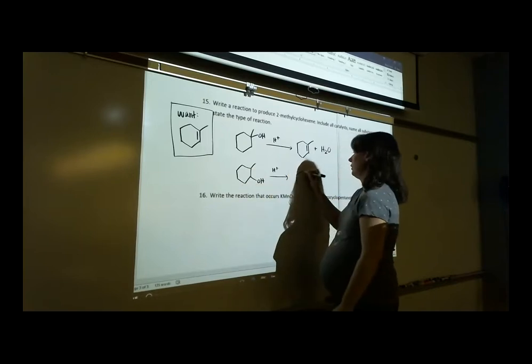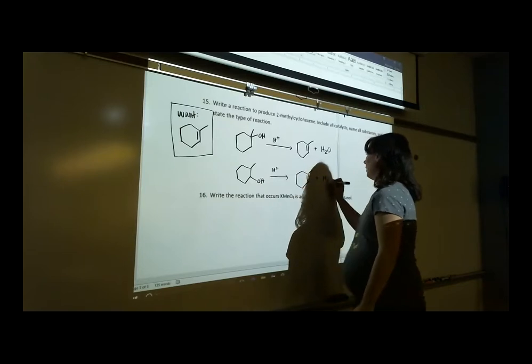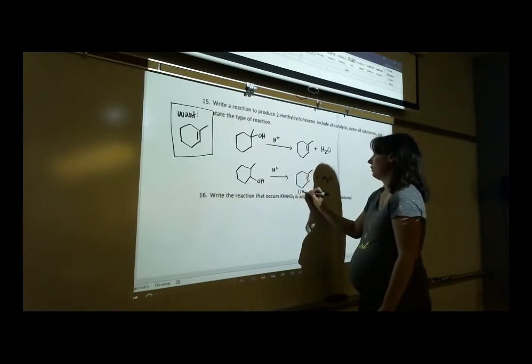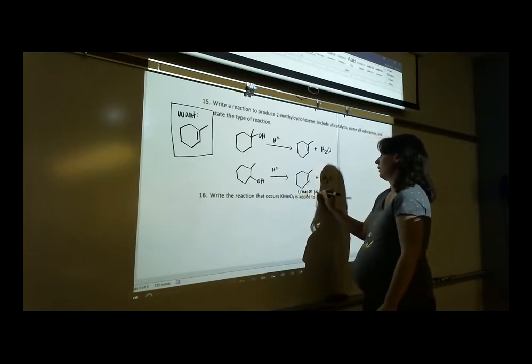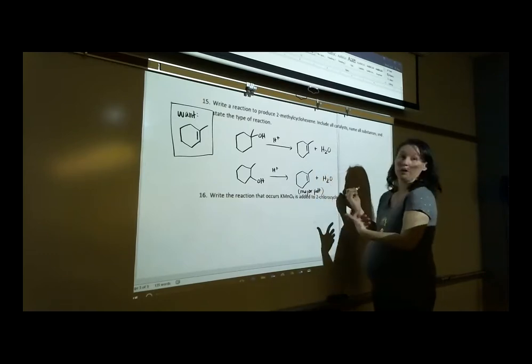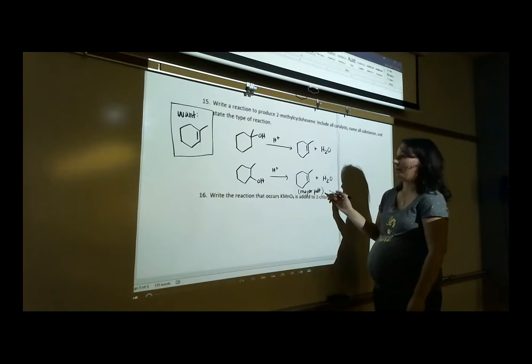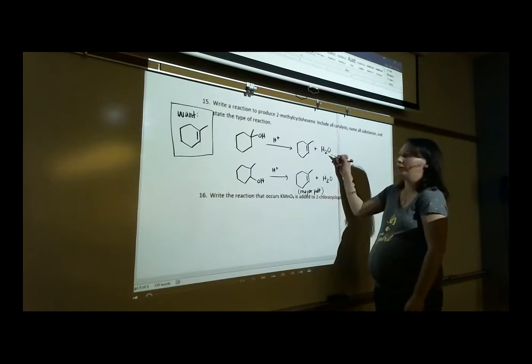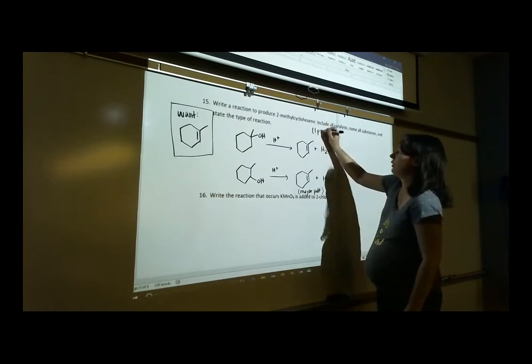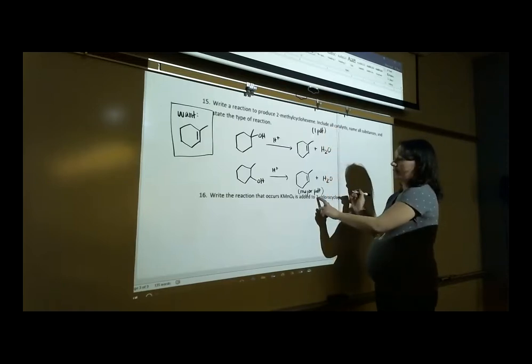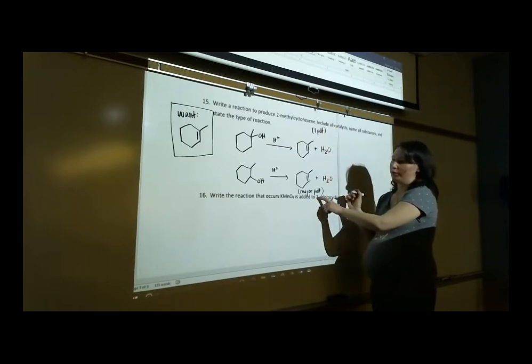So you will get your product, and it'll be your major product. But you will get a small amount of the other product. There will be a tiny amount on the side. Right here, you're only going to get one product. Here, you're going to get a major product as what you want.